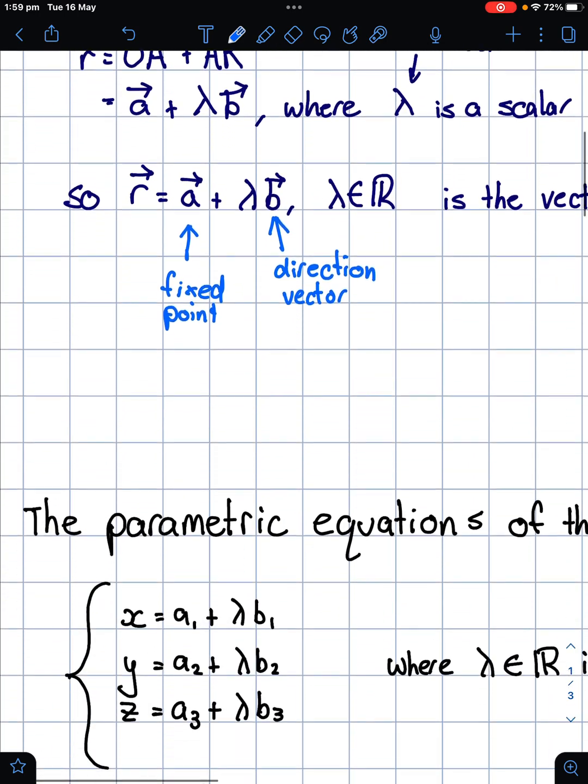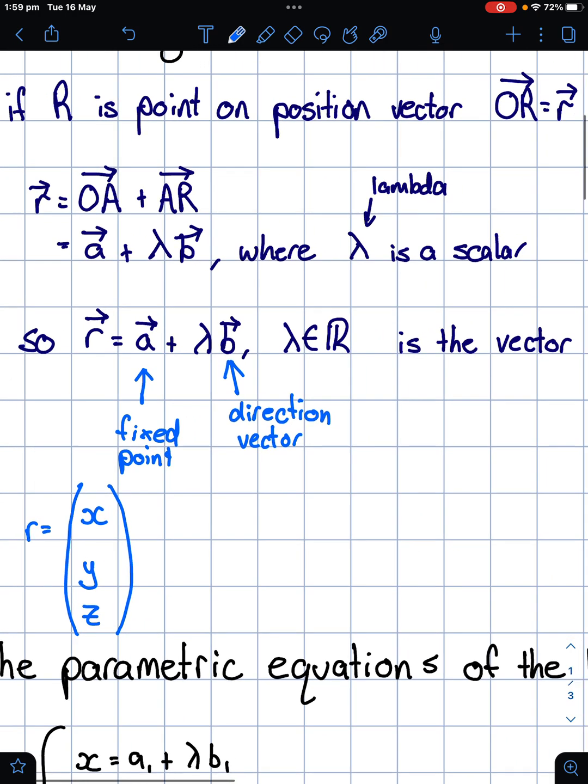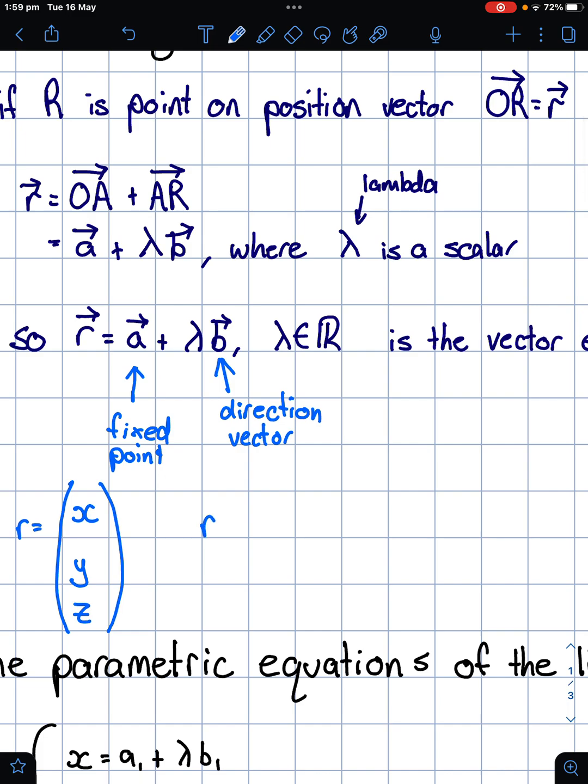If we consider these particular ones and we wanted to figure out R, I'll match up to the textbook. If we have R equals these points X, Y, Z, then we're going to have our R vector.